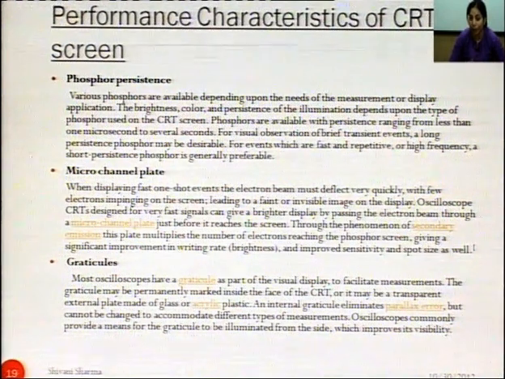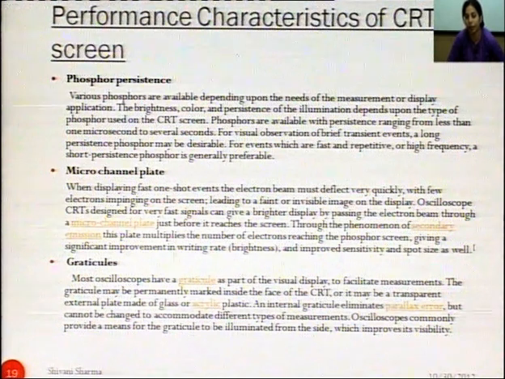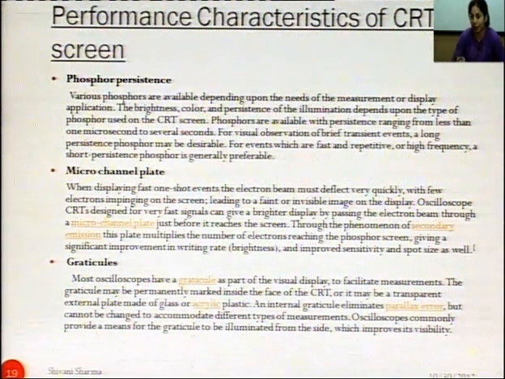Another thing, we have talked about phosphorus persistence. Various phosphorus are available depending on the need of measurement and display application. The brightness, color and persistence of illumination depend on the type of phosphorus used on the CRT screen. Thus, phosphorus are available with persistence ranging from less than 1 microsecond to several seconds. Persistence is the term related to how much time the illumination is there.